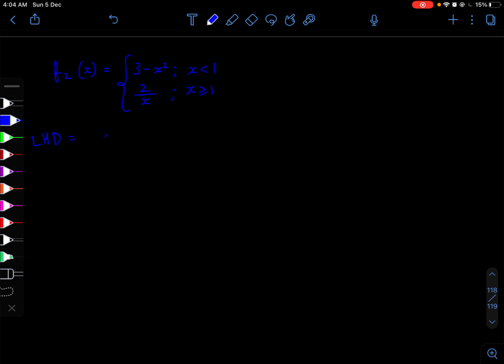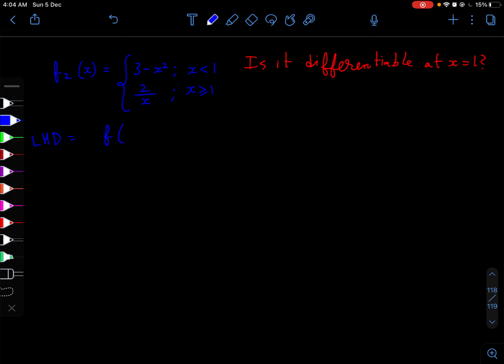So here we have to find, is it differentiable at x is equal to 1. Suppose that's what we have to find.